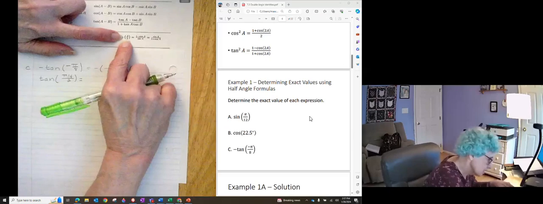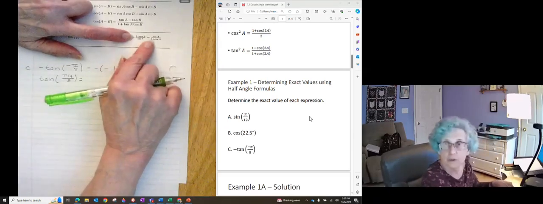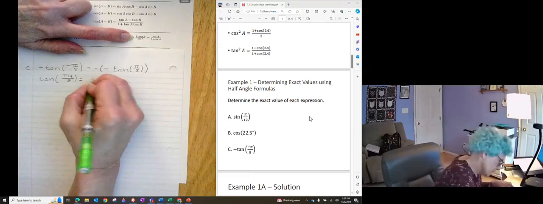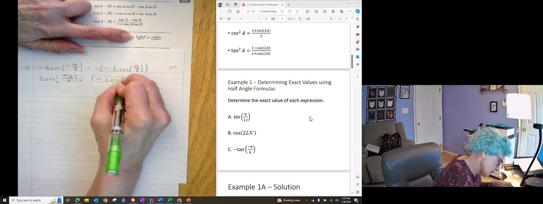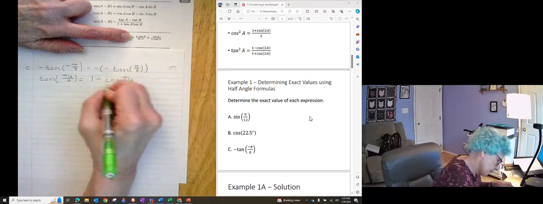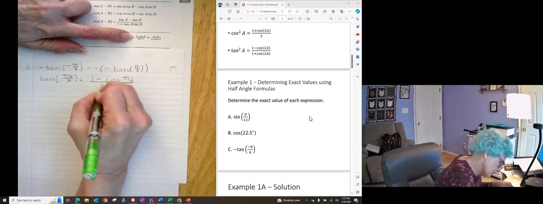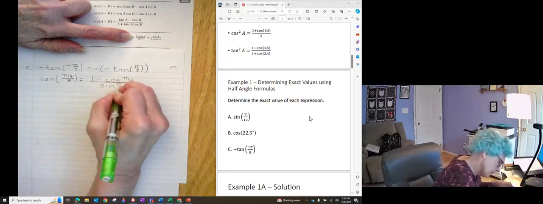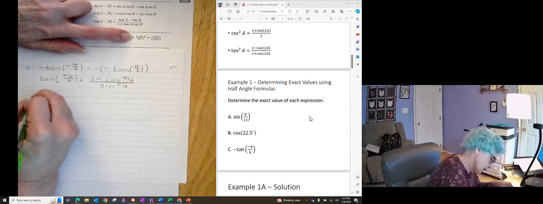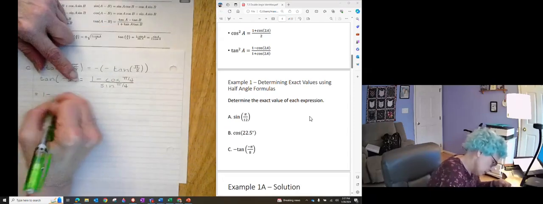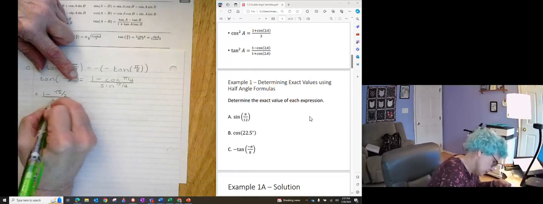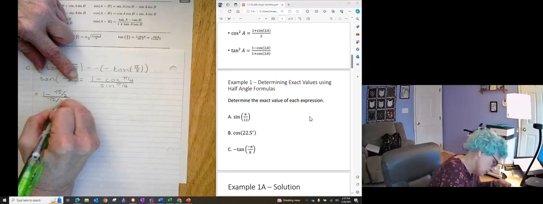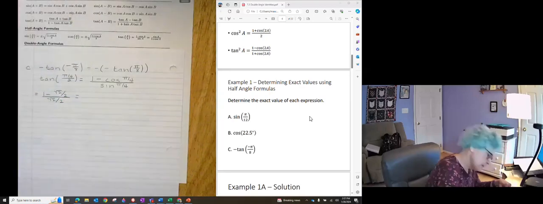And tangent of a over 2, you have 2 choices. I'll just go with the first one. 1 minus cosine of pi over 4 over sine of pi over 4. So 1 minus square root of 2 over 2 divided by square root of 2 over 2.